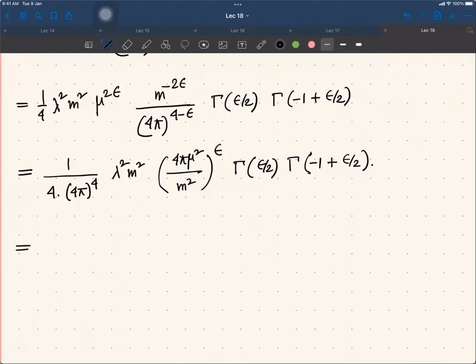This is same as lambda square m square over 1024 pi to the power 4 times 1 plus epsilon log 4 pi mu square by m square.